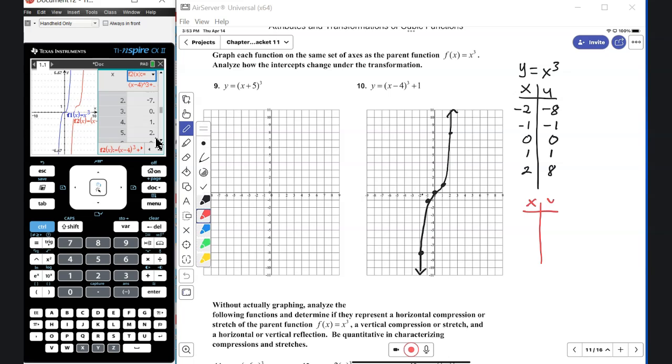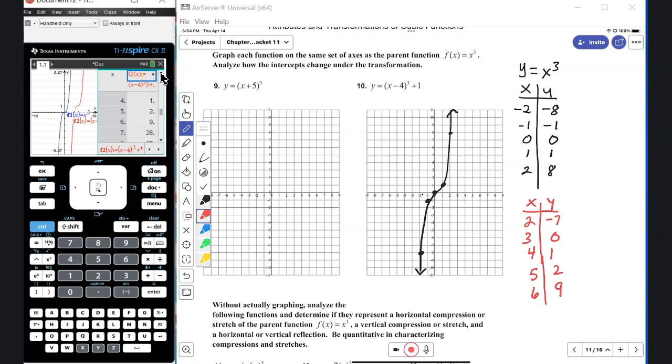So I have x and y, and we're going to start with 2, -7; 3, 0; 4, 1; and then I'm going to scroll: 5, 2; 6, 9. I'll stop there because I'm not able to graph those other points.